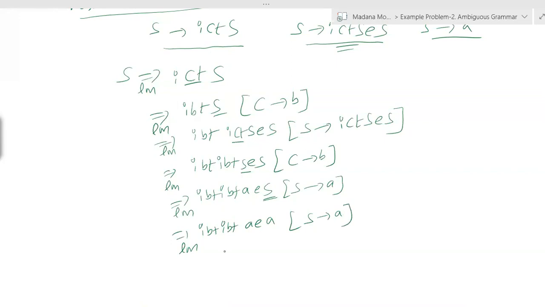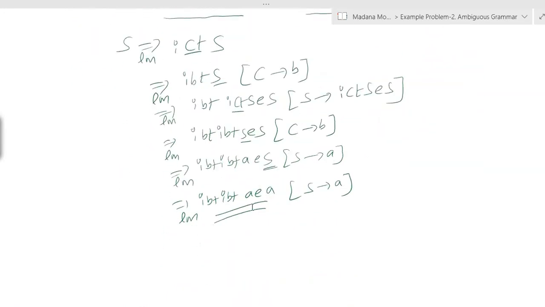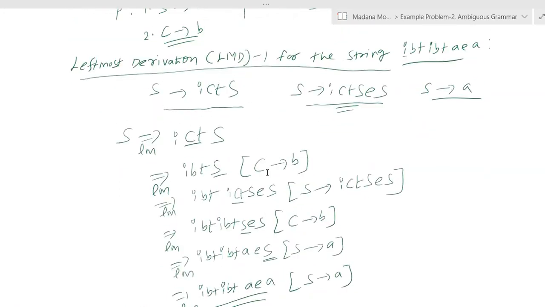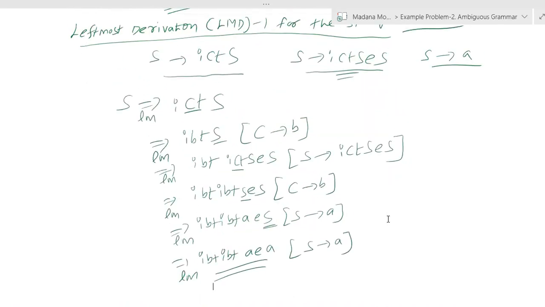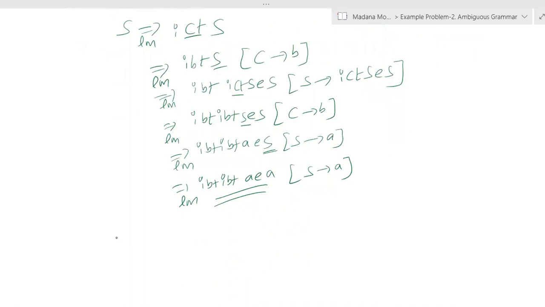S derives A. Now you can see this is our required string, IBT, IBT, AEA. So the required string is derived using leftmost derivation. Now similarly, draw its partial derivation tree for LMD1.